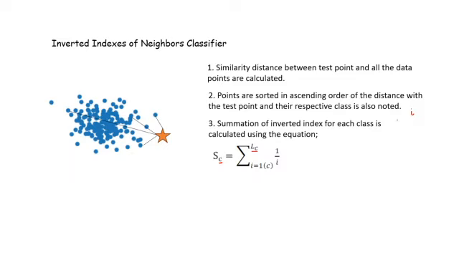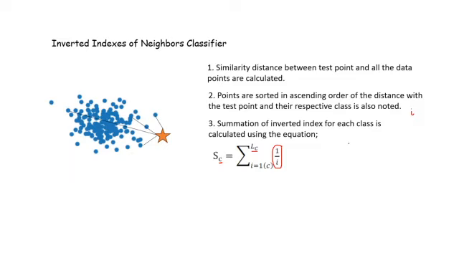Since the points are sorted in ascending order, the lower the rank, the lower the distance. But we are trying to reward the nearer points. That is the reason why we are taking the inverse of that rank.